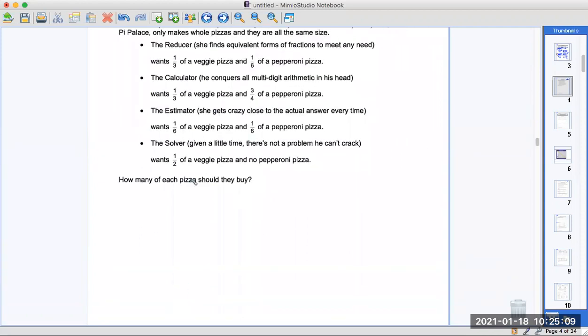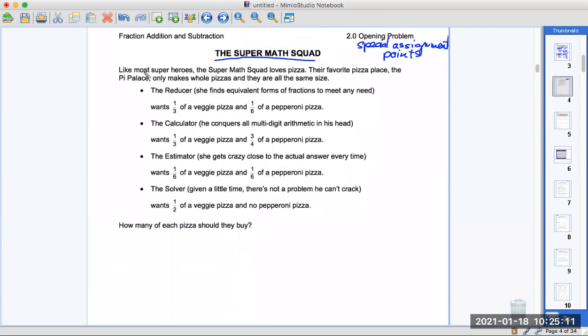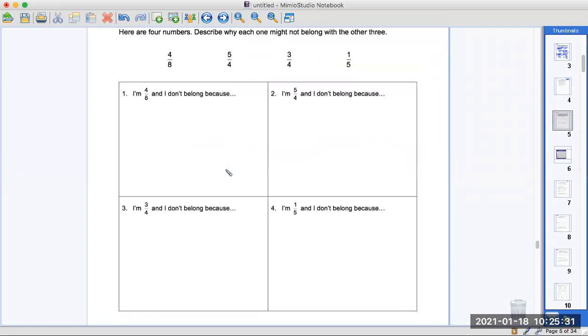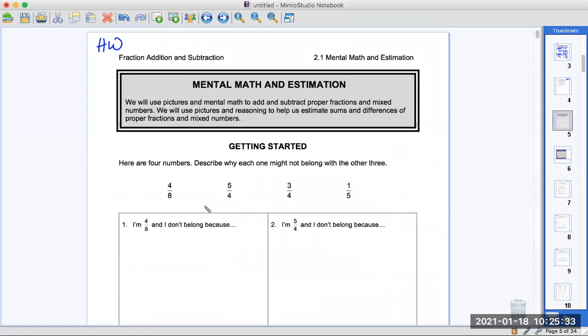Make sure you show me how you figured it out. It's about, you're going to buy pizza and how many do you need to buy if everybody wants a certain fraction of each pizza. Okay, so think about that. And like I said, that's going to be another assignment I'm going to add to Canvas where you can earn extra points. The next page is page 2, and it's already homework, so you can finish that on your own. Make sure you read what it says.